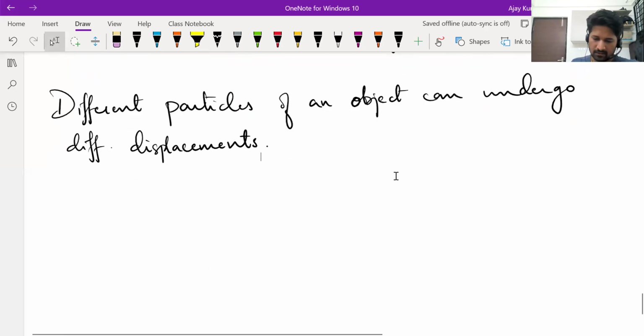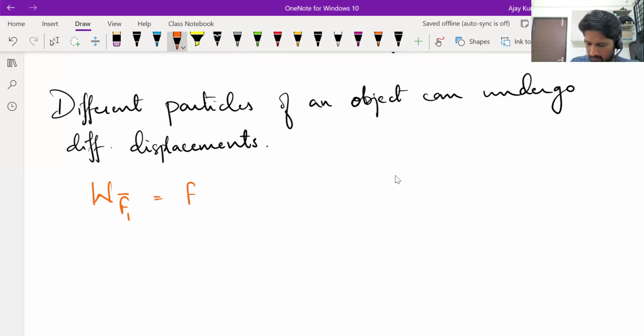The answer is, if you want to find out work done by a force F1, you need to take F1 dot S, where S is the displacement of the particle on which the force F1 is acting.